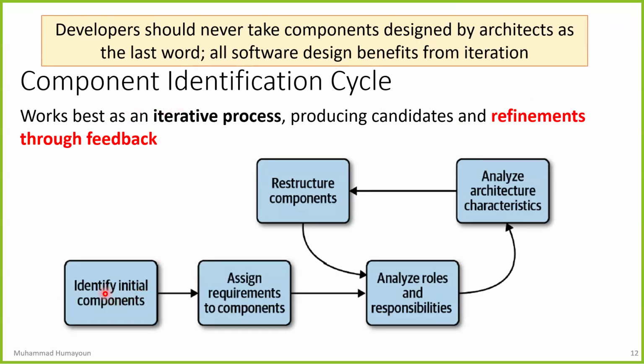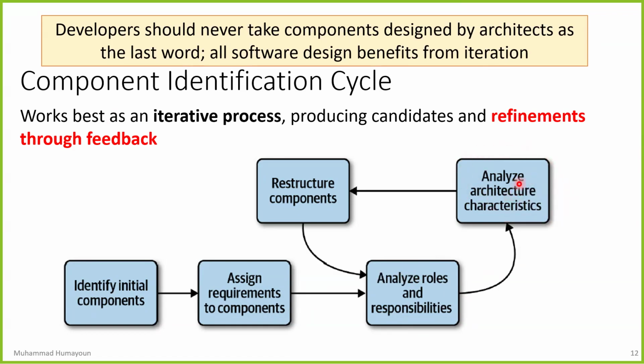So first you identify initial components, then you assign requirements to those components, and then you analyze the roles and responsibilities of those components, and then you associate with those components the architectural characteristics that should be connected with them.